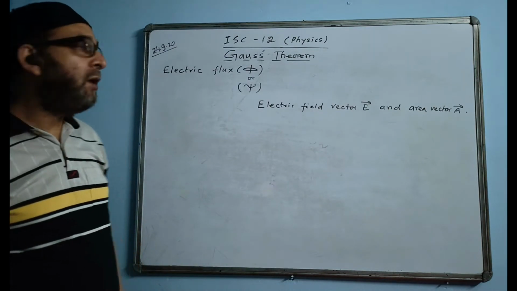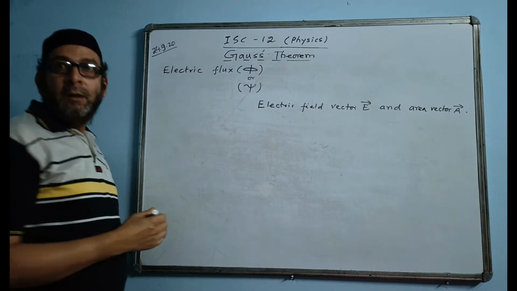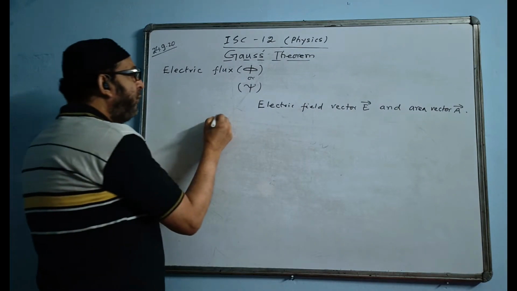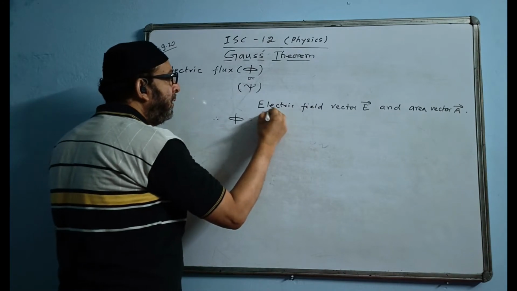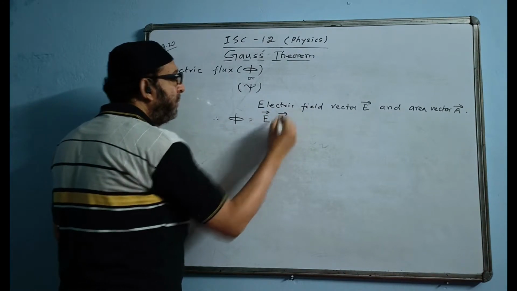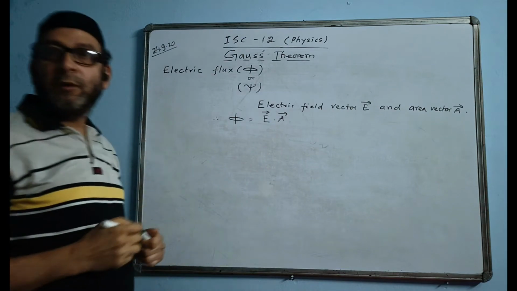It's all the same. You can use any of the symbols. Therefore, we write phi is equal to E dot A. Dot product means scalar product.